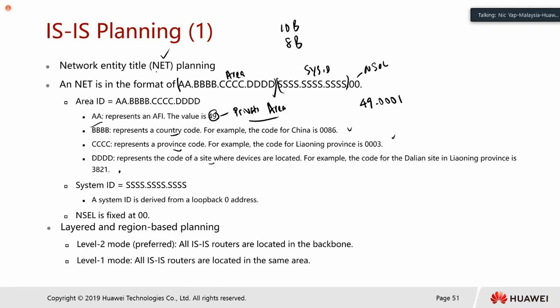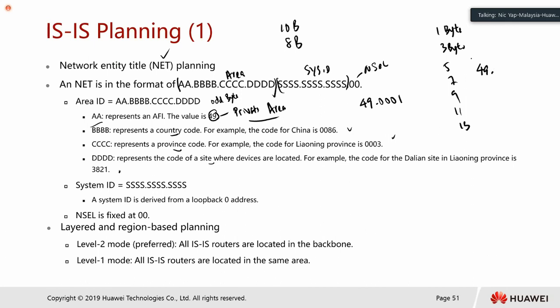And remember, this area ID must be an odd number of bytes. You can use 1 byte, 3 bytes, 5, 7, 9, 11, and 13 bytes. You cannot use even numbers. It means they must start from 1 byte.